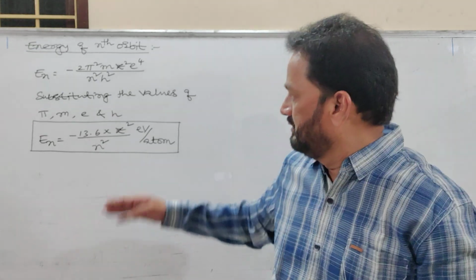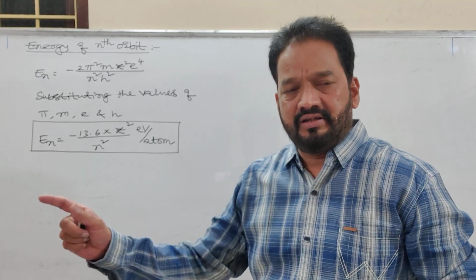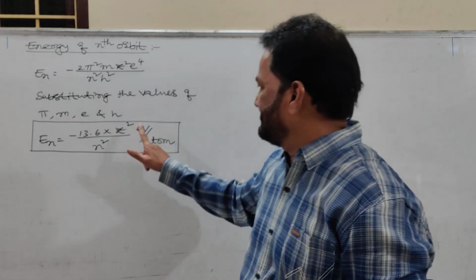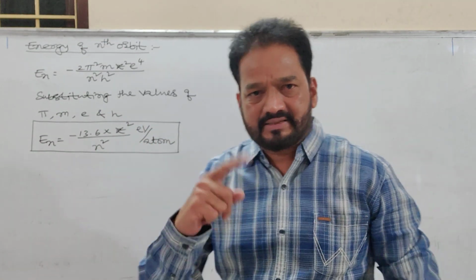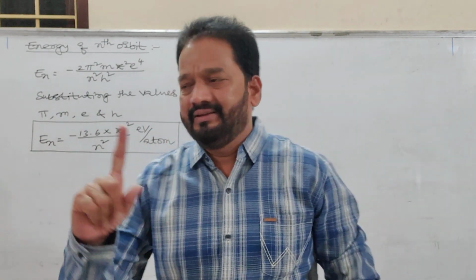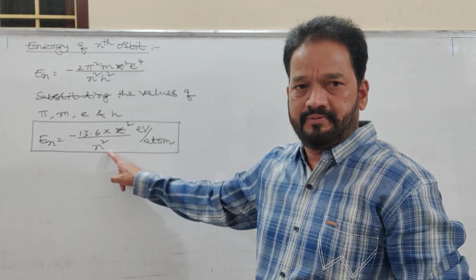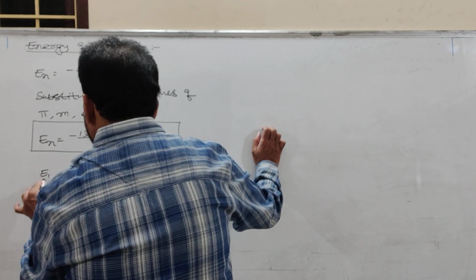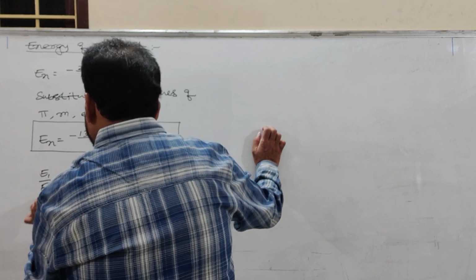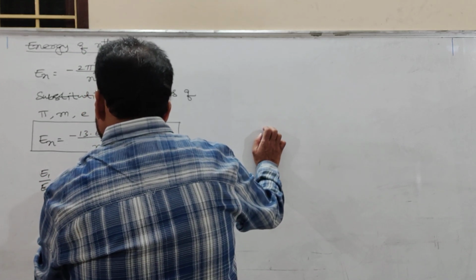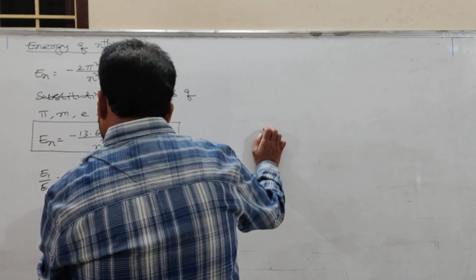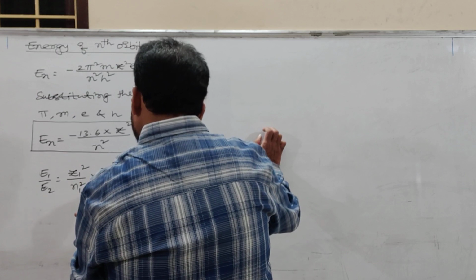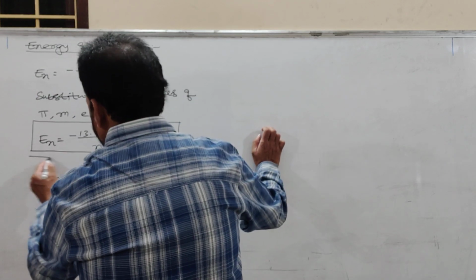Now we will take this equation in two cases, once as E1, then Z1, N1, next as E2, then Z2, N2. Let us write an expression. E1 by E2 is equal to Z1 square by N1 square into N2 square by Z2 square.